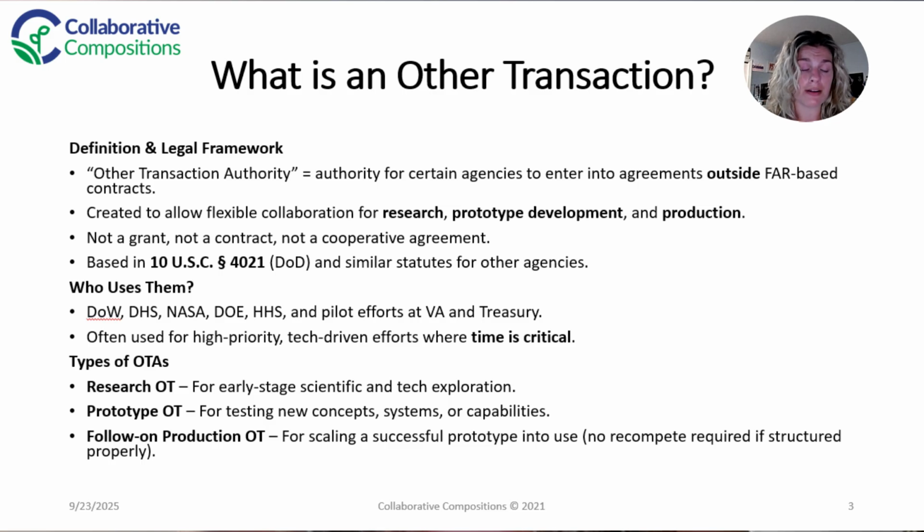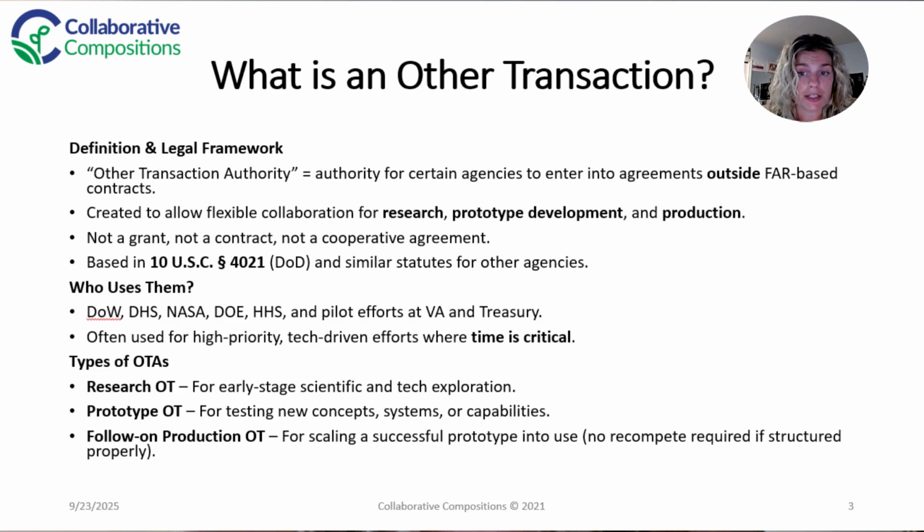You'll often hear other transactions referred to by what they are not: they are not a government contract in the traditional FAR sense, they are not a grant, and they are not a cooperative agreement. They are based in 10 USC 4021. Again, I'm not going to go deep into the policy or the legal on this presentation, but that's the area you can look within the USC.